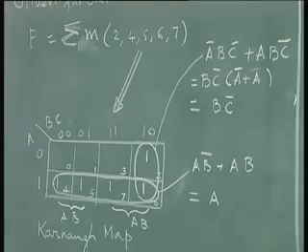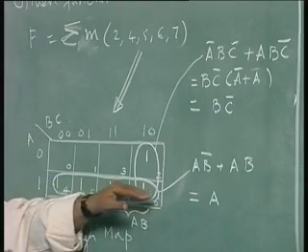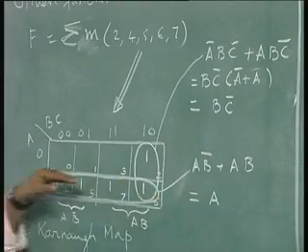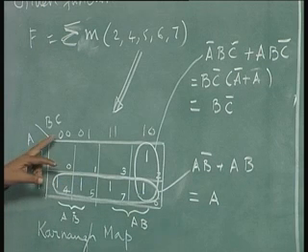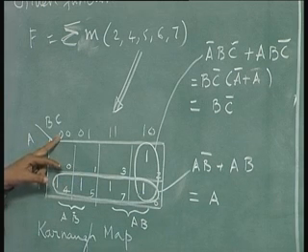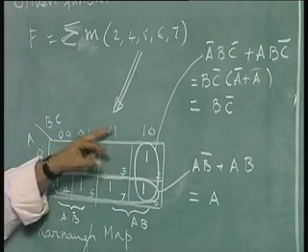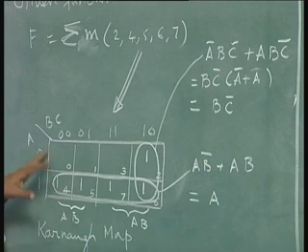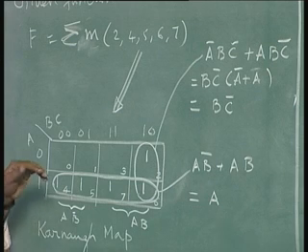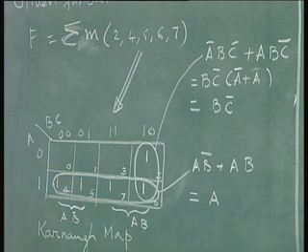All you have to do is see that A is constant throughout these 4 cells, A is common, B changes from 0 to 1, C changes from 0 to 1, 1 to 0. So neither of these variables B and C remains constant throughout, and they both get knocked off.